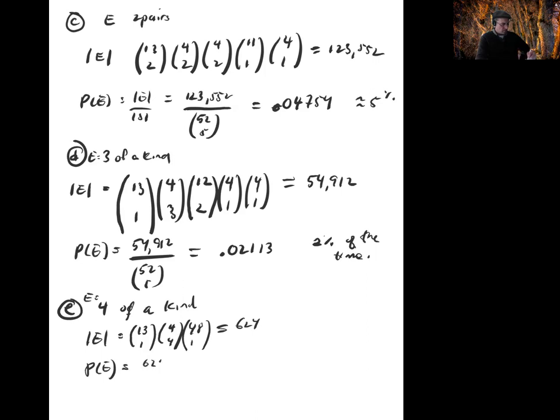So 624 over 52 choose 5. And that turns out to be 0.00024, which is about 0.2% of the time. Or is it? No, it's 0.02% of the time.